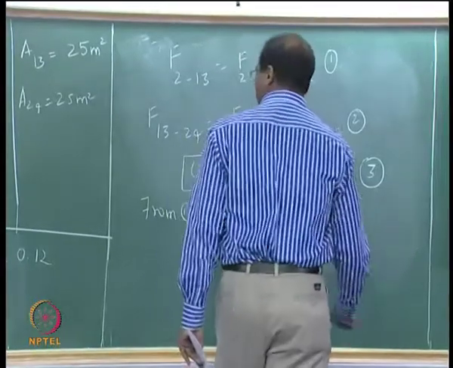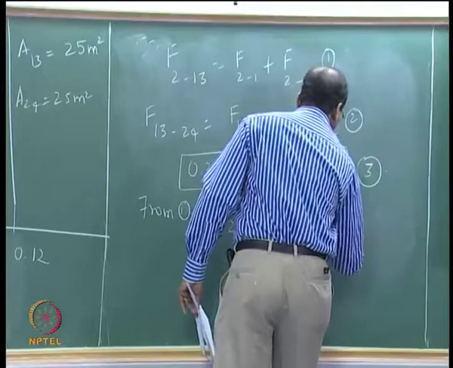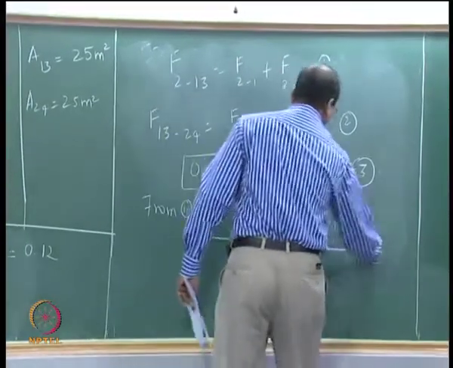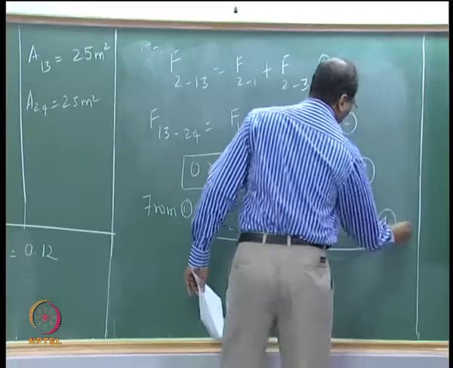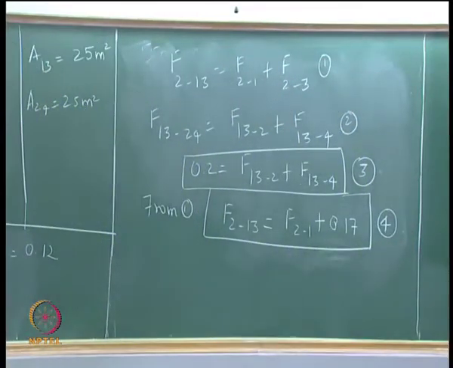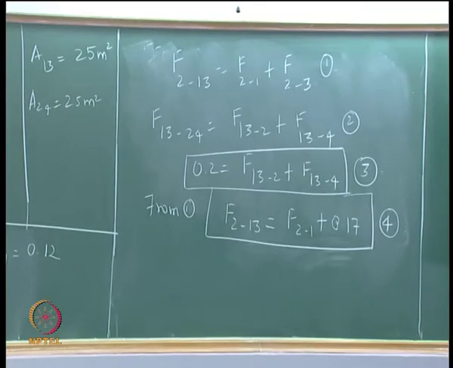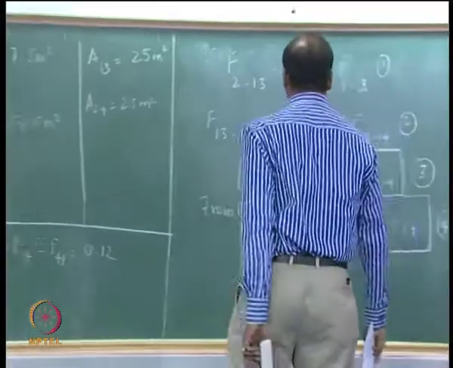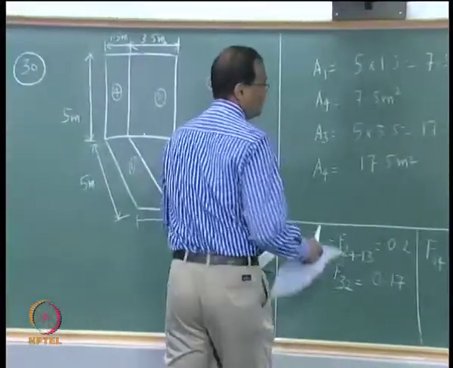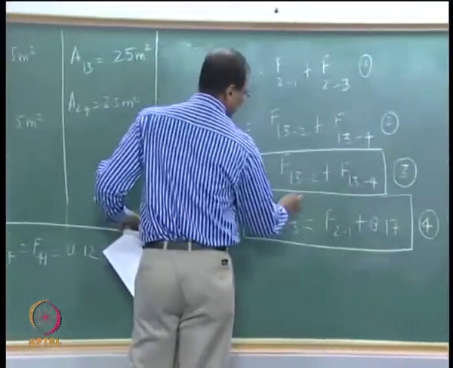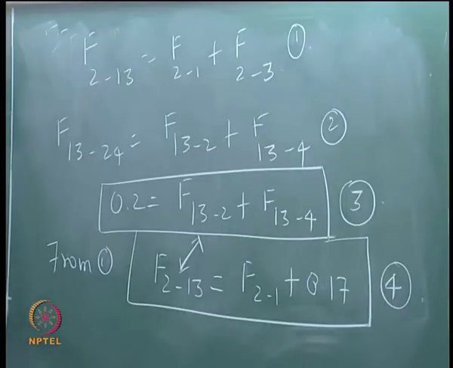Yeah, we have F2 to 3, isn't it? 0.17, correct? Okay. Now I will try to link these two, it's possible, right? Because A2 F13 is equal to A13 F13 to 2, right?